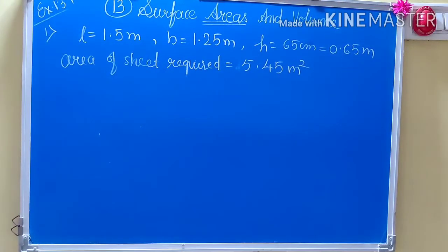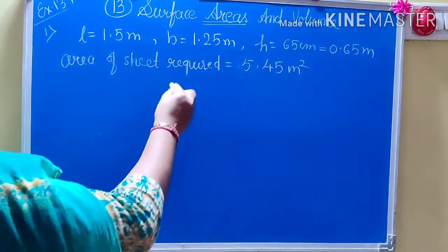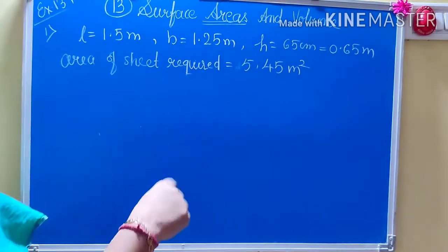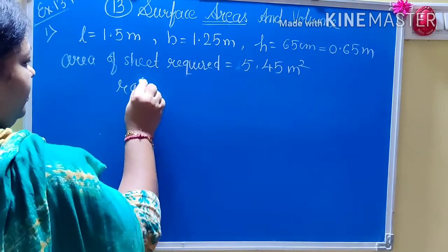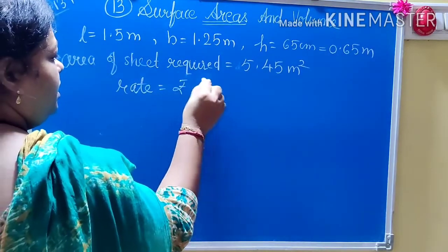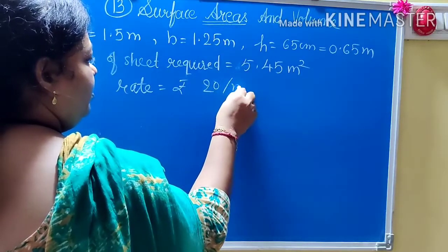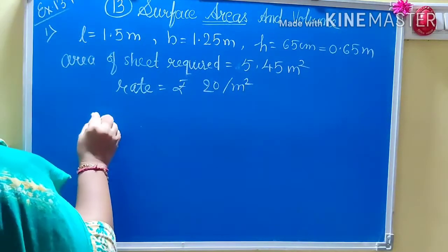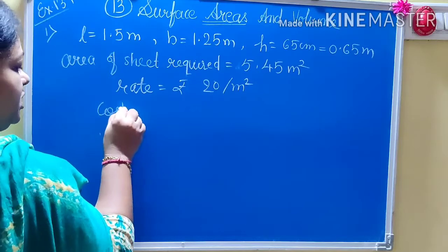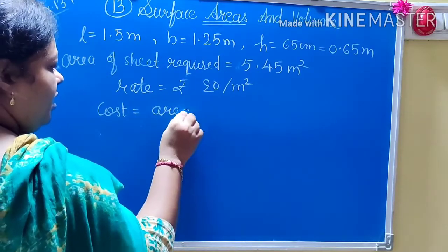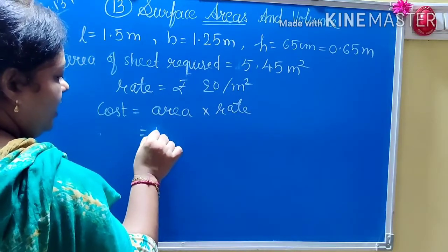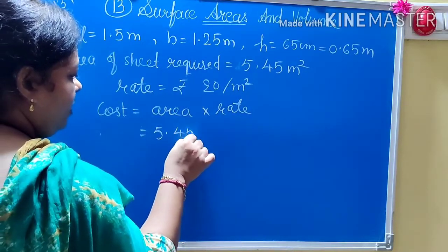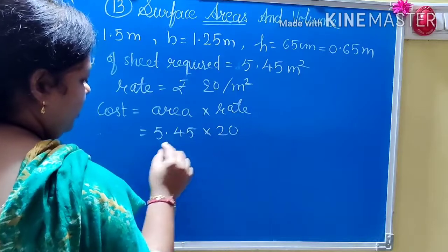Now we need to find the cost of the sheet required. Knowing the area and rate, you can find the cost. Here the rate is given as rupees 20 per meter square. We know that cost is equal to area into rate. So area is 5.45 and rate is 20.